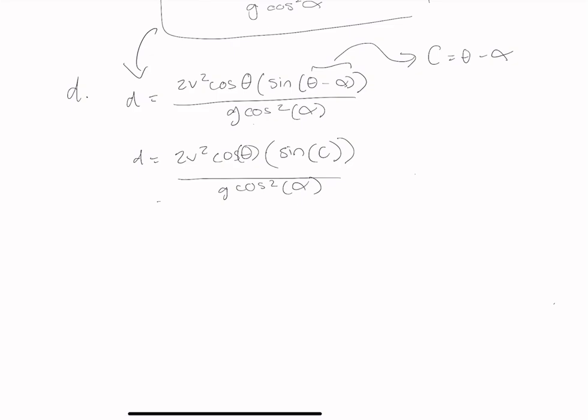There are two trig identities going on here that can be recognized and changed. The first one being cosine of some angle times sine of another angle is equal to 1/2 of sine of the first angle plus the second angle minus sine of the first angle minus the second angle.